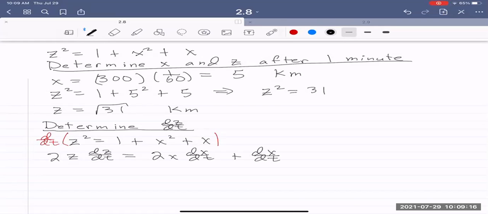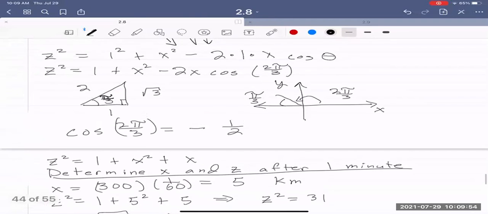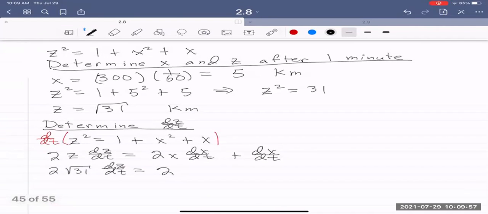And let's fill this in. Well, I know what z is. Radical 31. I do not know dz/dt. I know what x is. We just figured that out. X is equal to 5. It's right there.